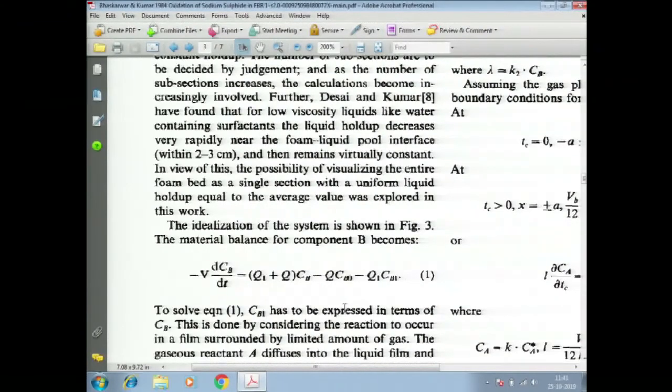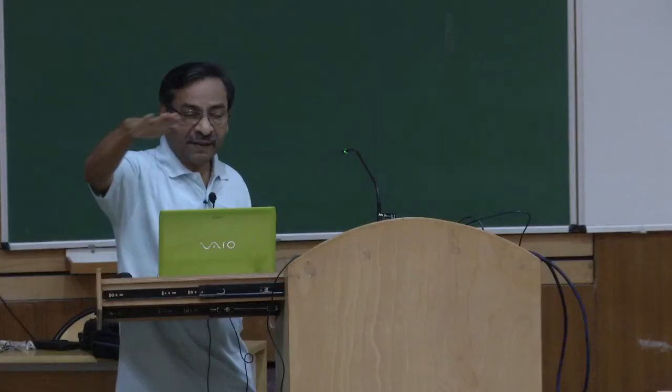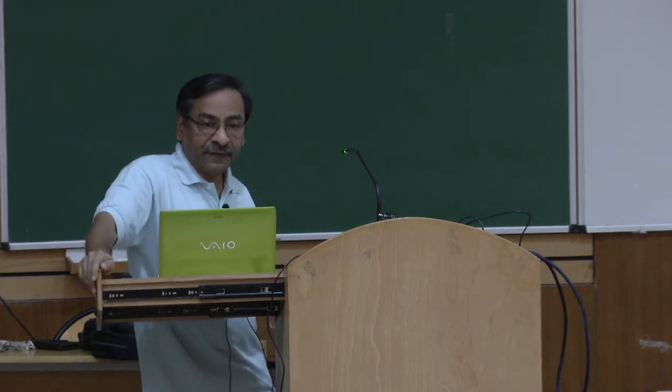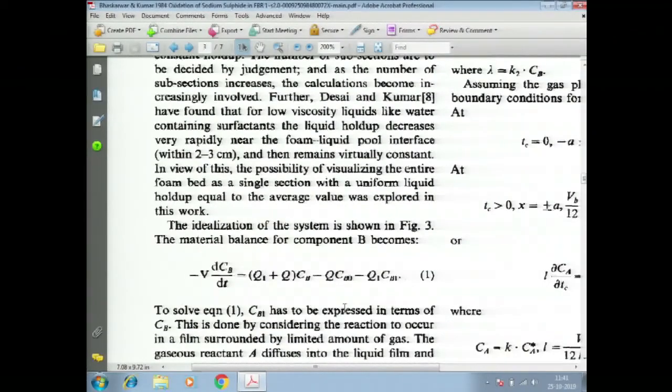Cb0 is the inlet concentration as the sodium sulphide solution continuously enters the storage section, and Cb is the outlet concentration. So, this is the amount which is coming in, and this is the amount which is going out along with this cross flow.